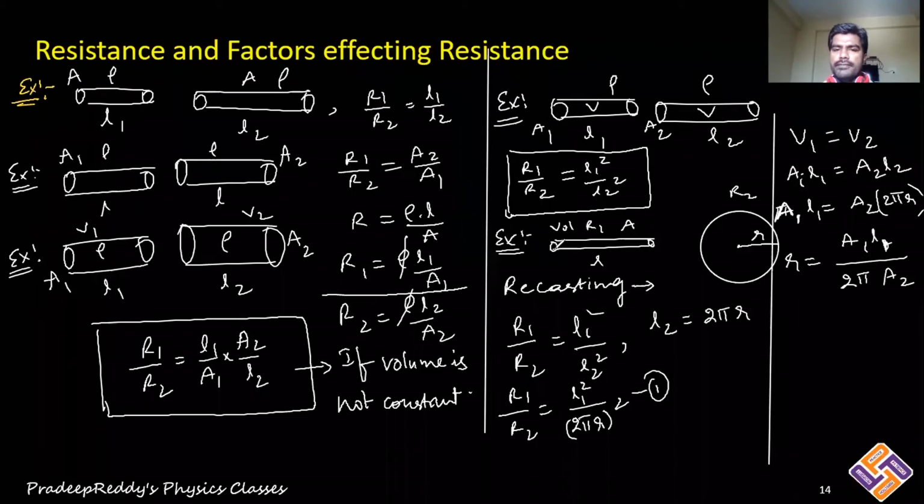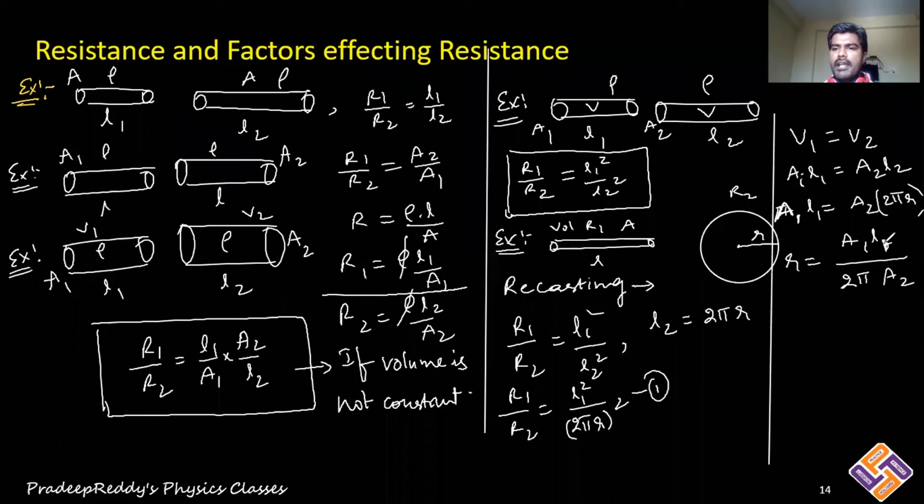A1 is the area of cross section of the first conductor, that will be given to you. A2 is the area of cross section of the second conductor, that will be given to you. So R is equal to A1 by 2 pi A2 into L1, where L1 is the length of the first conductor.